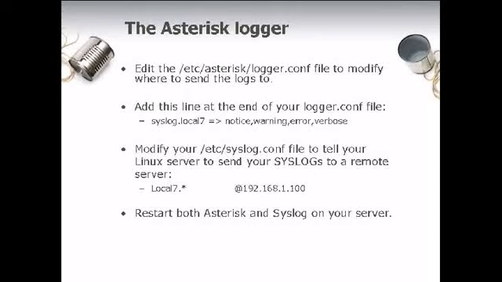So Asterisk sends all the logs to its own server using syslog, and then you set up syslog to forward all the logs to the IP address of the server that you set up as the centralized system. And then restart both Asterisk and syslog, and on startup, they'll start pumping all the logs to the server. So far, that's the work needed to be done on all your Asterisk servers.